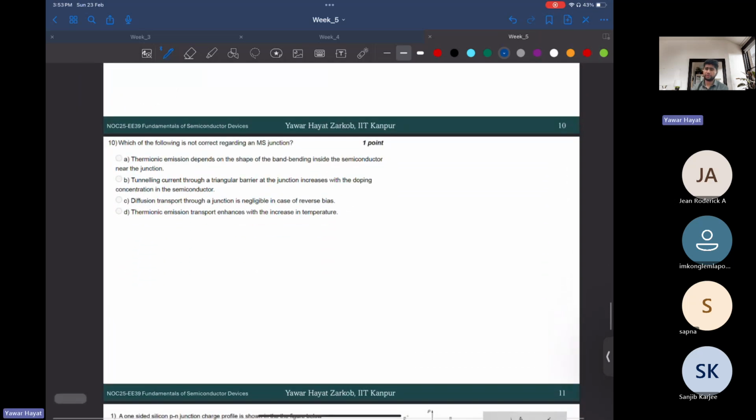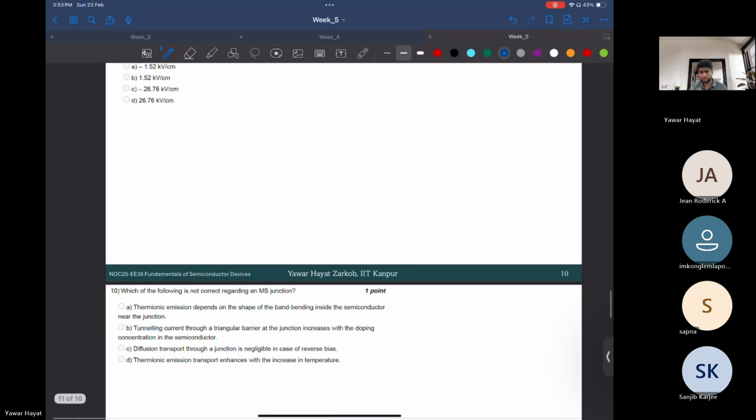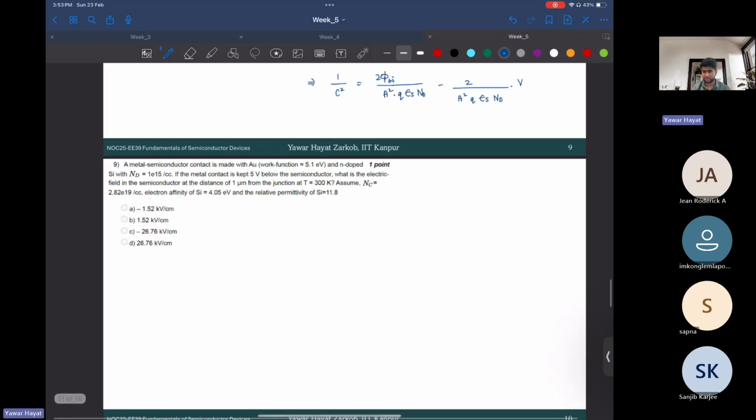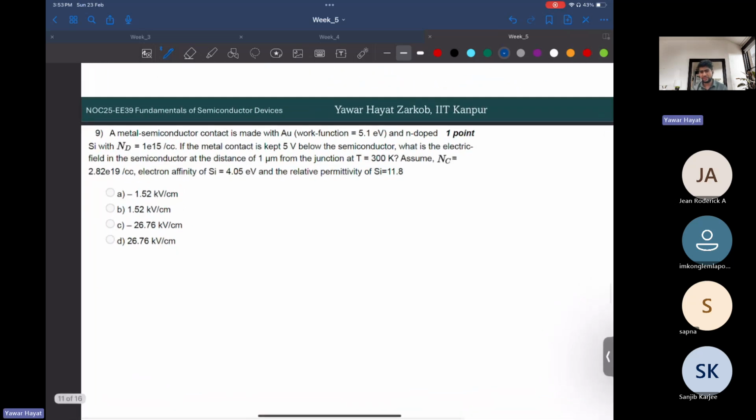Now, which of the following is not correct regarding the metal semiconductor junction? Okay, skip this question, right? I'll leave this as a homework problem for you all. Is that fine?